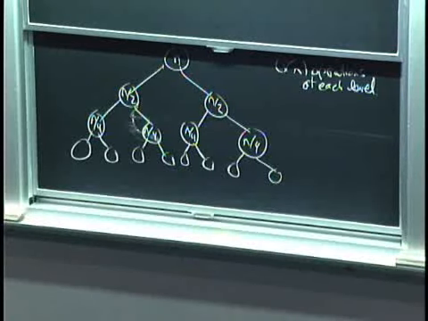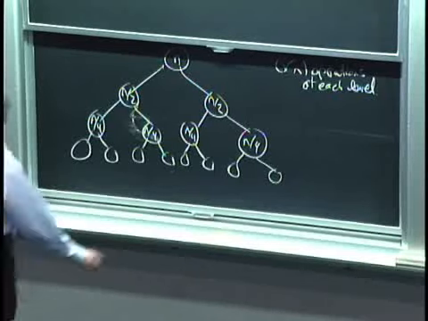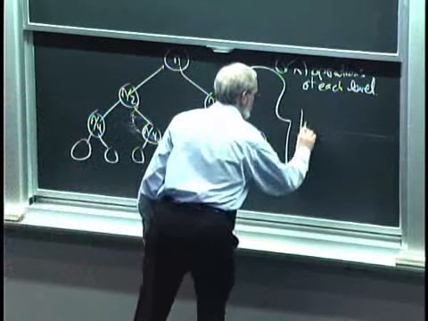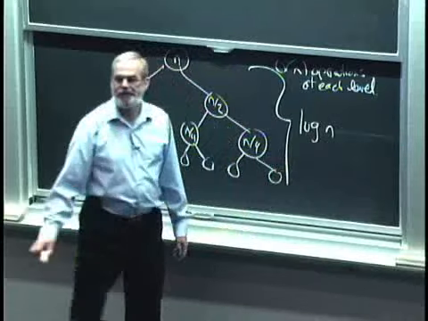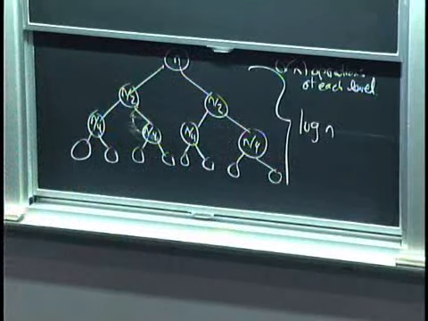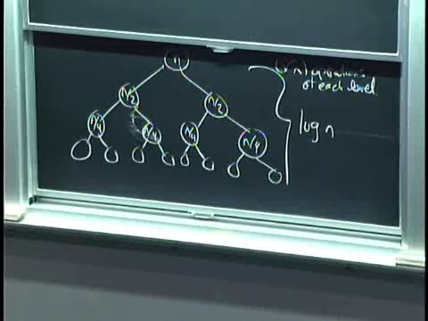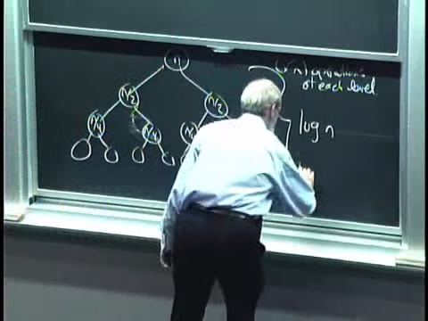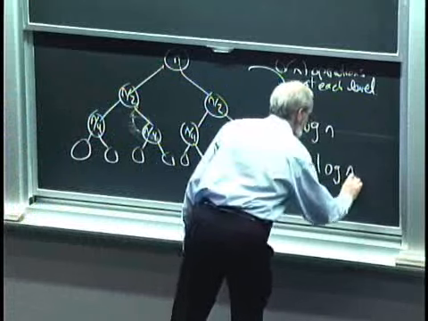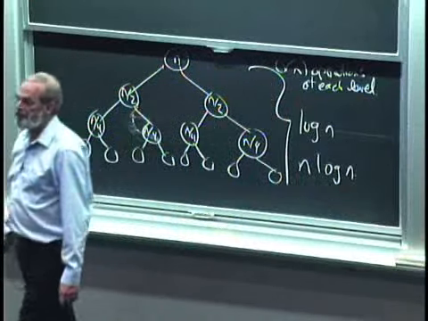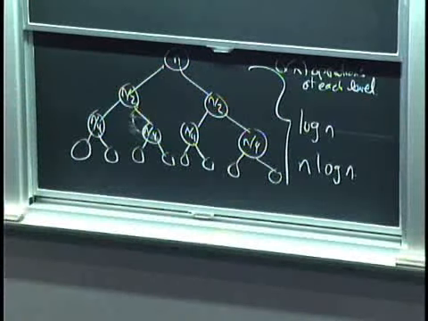So how many levels do I have? Log n, because at each stage I'm cutting the problem in half. So I start off with n, then it's n over 2, n over 4, n over 8. So I have n operations log n times, there we go, n log n. Took us a long time to get there, but it's a nice algorithm to have.